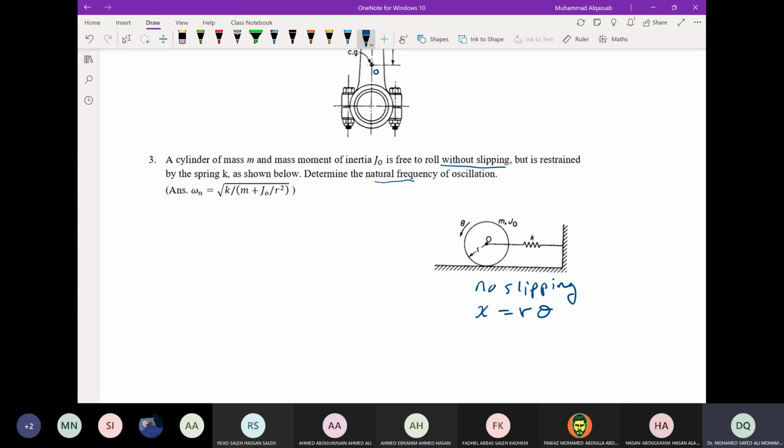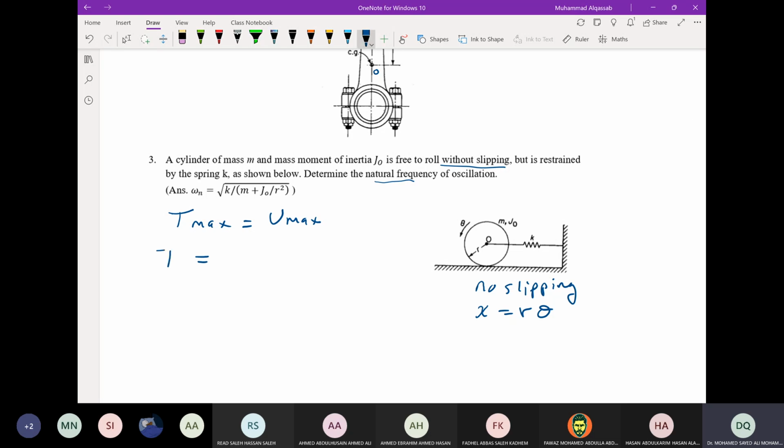So you can find the natural frequency directly by using Tmax equal to Umax. So in order to find natural frequency right away, you can use Tmax equal to Umax. So what is the kinetic energy? Then we will find the maximum kinetic energy.